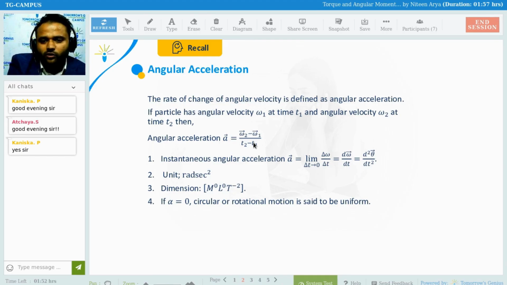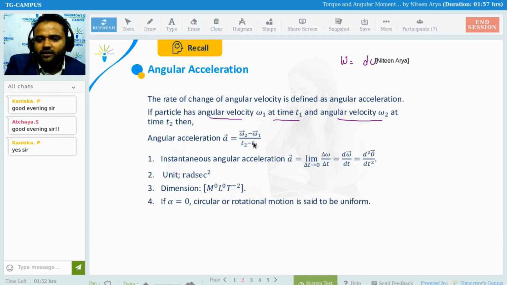Simply, the rate of change of angular velocity is defined as follows: the particle has angular velocity omega 1 at time t1 and angular velocity omega 2 at time t2. Then angular acceleration alpha is (omega 2 minus omega 1) divided by (t2 minus t1). This angular acceleration is also known as instantaneous angular acceleration if the time interval is very, very small. So we did this.